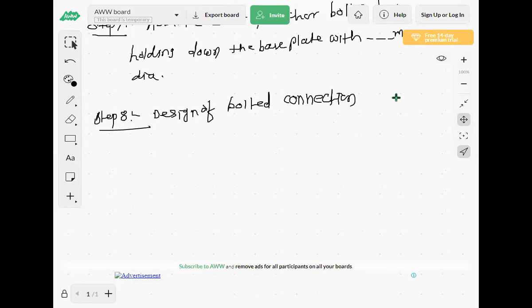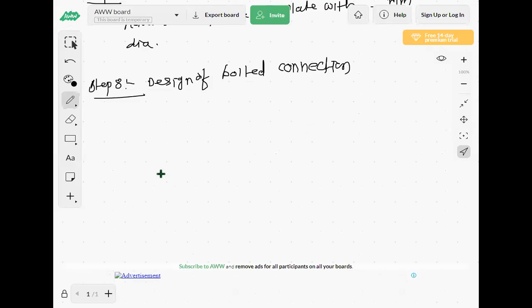Okay, so how to design the bolted connection? We know this better because we have designed bolted connections earlier. So first, in the bolted connection, we have to calculate the design shear strength. How to calculate that?